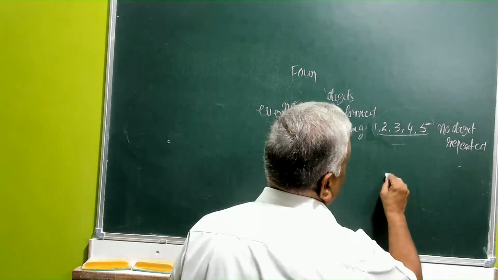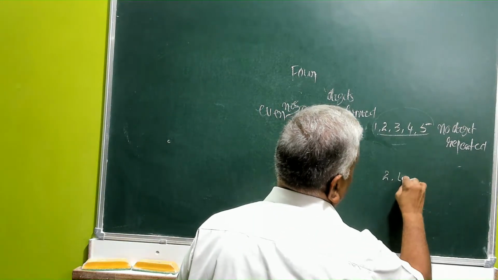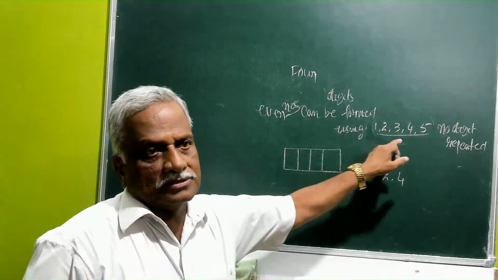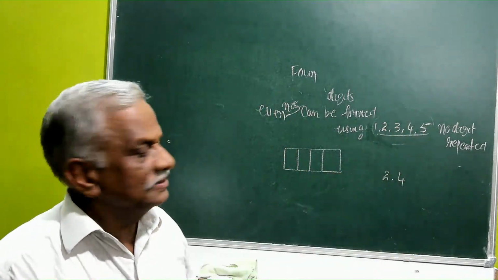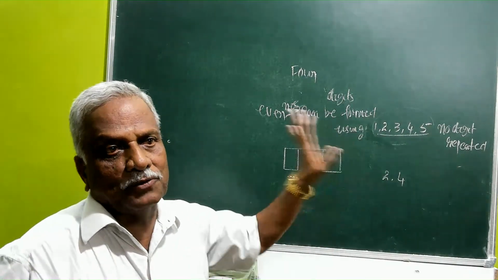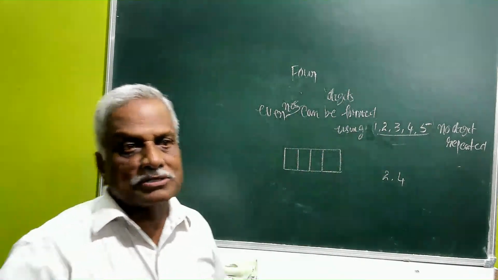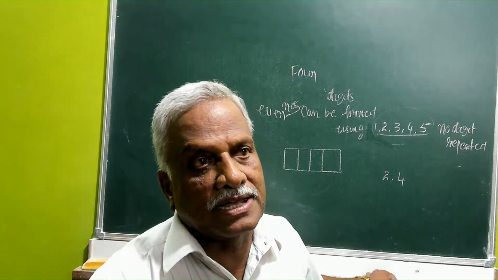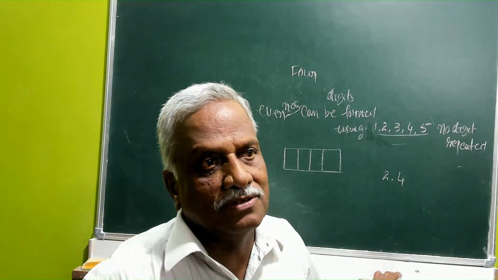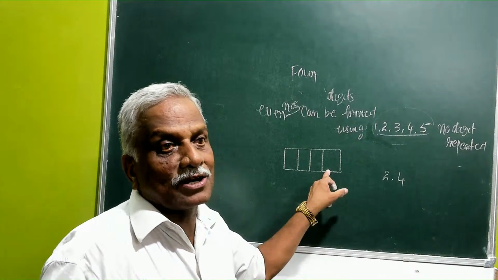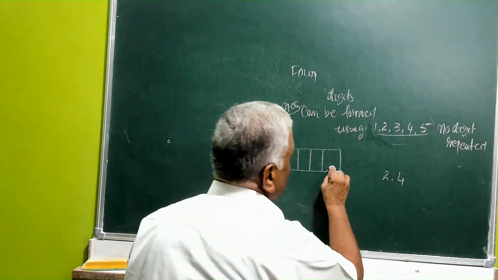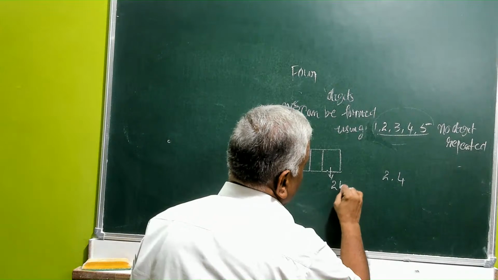If you want number to be even, the last box should have 2 or 4. Out of the numbers given, the last box should be either 2 or 4.